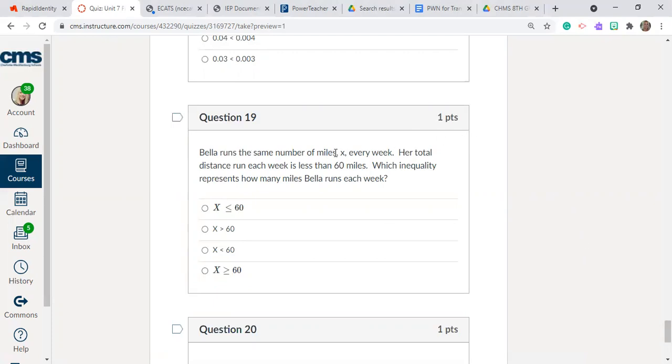So we know that she runs X miles total every week, and her total distance run is less than 60 miles. So how would we write that as an inequality? X is less than or equal to 60. X is greater than 60. X is less than 60. Or X is greater than or equal to 60.